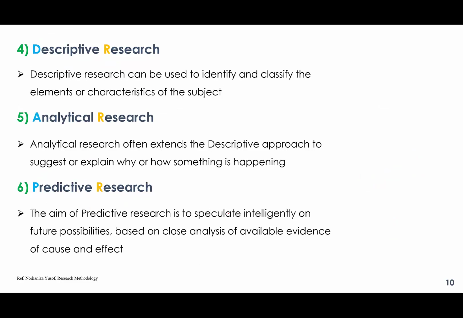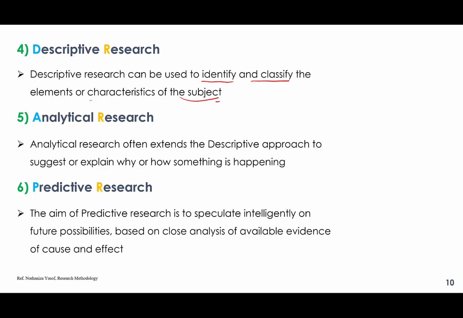And these are the last three: descriptive research, analytical research, and predictive research. Descriptive research can be used to identify and classify the elements or characteristics of the subjects. Analytical research often extends the descriptive approach to suggest or explain why or how something is happening.